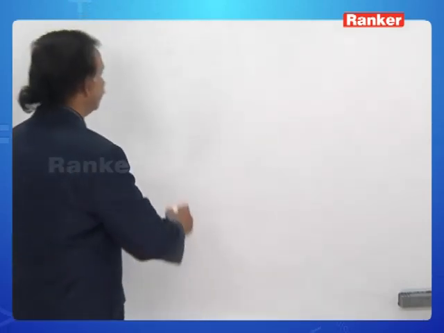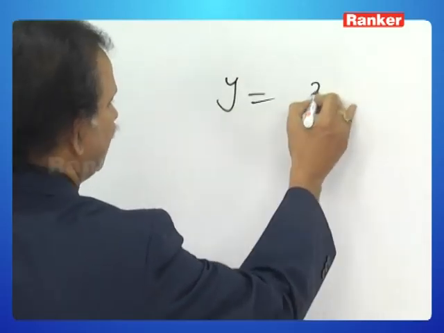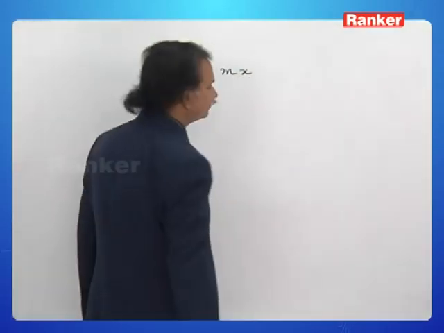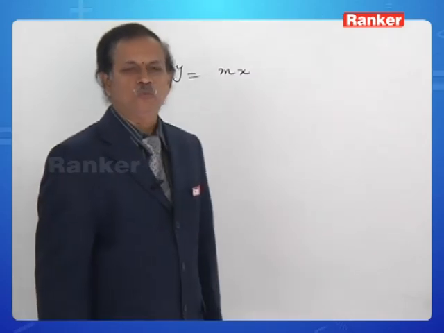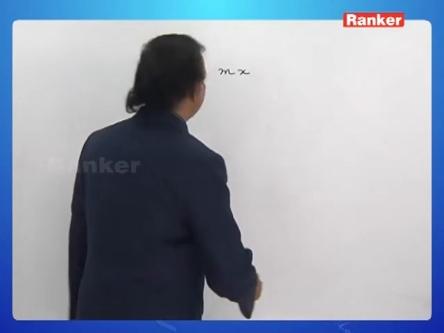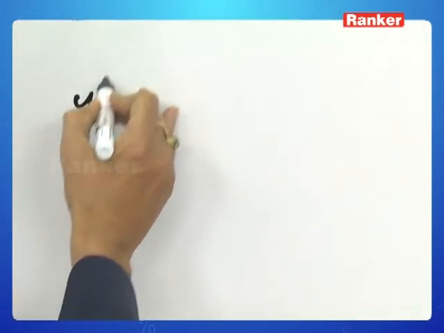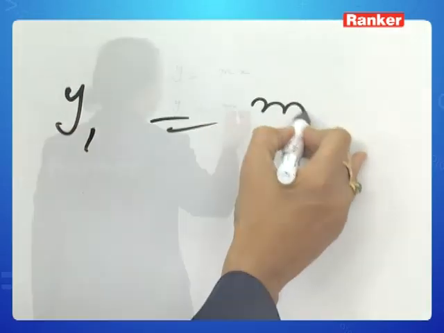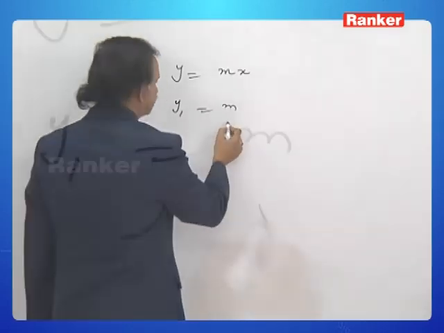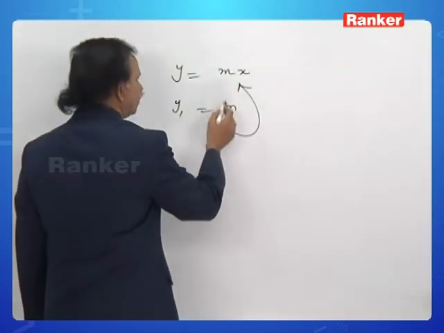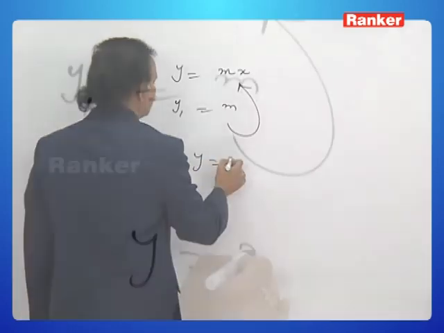Yes, look here. Suppose y is equal to mx. You differentiate it on both the sides. y dash or y1 is equal to m. You substitute y1 for m here. y is equal to x y1.